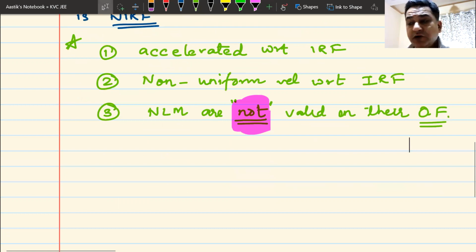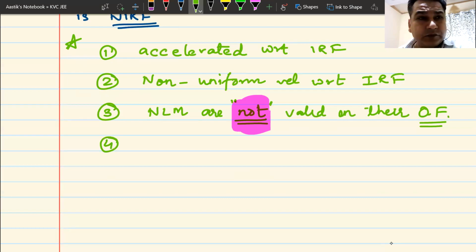Then how can you apply them? If you want to make equations from a non-inertial frame, what do you have to do? You'll have to apply pseudo forces.